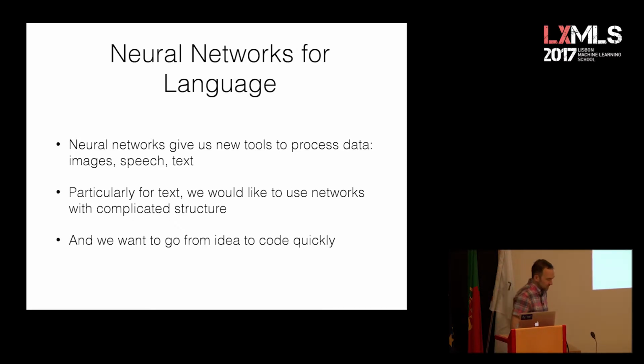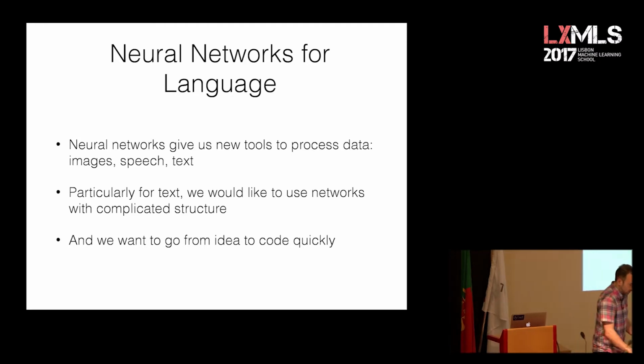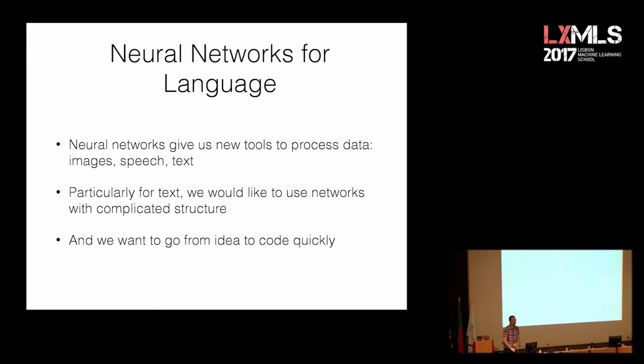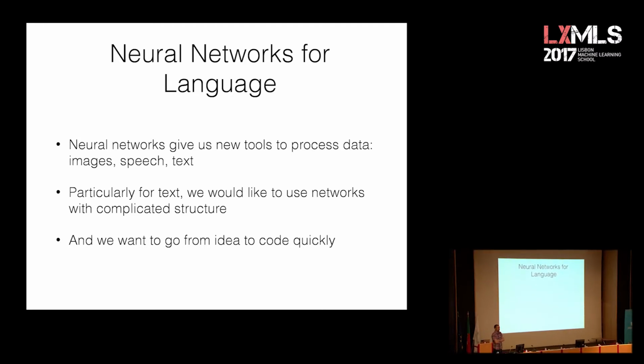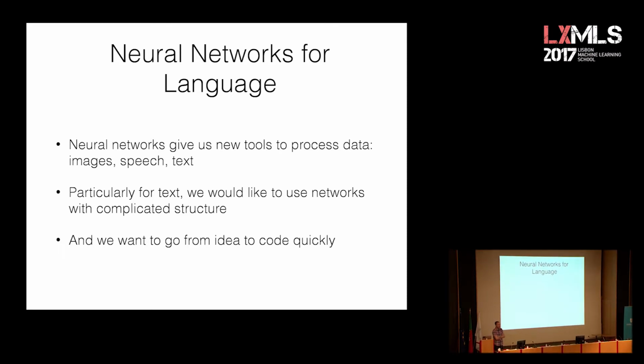Because this is a large theme of this machine learning school, language, I think it's important to talk about things that are specifically interesting to language. Of course, a lot of the stuff I'm going to talk about you can use in any application, but specifically if you're trying to deal with language, neural networks have given us a lot of new tools to do this.